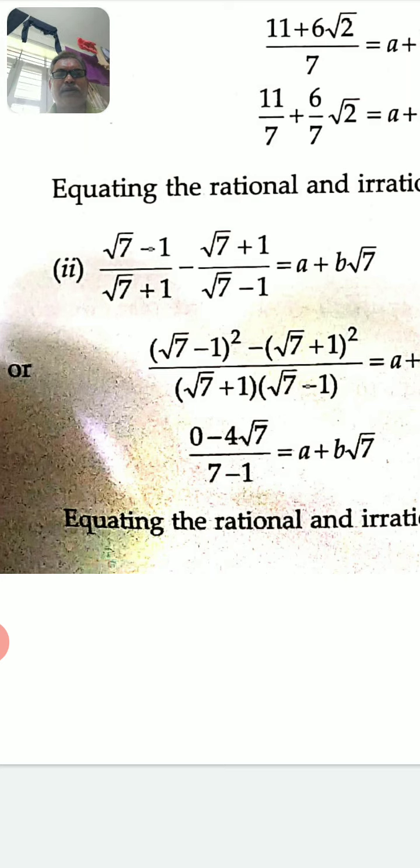because in the first term root 7 plus 1 gets cancelled, and (root 7 plus 1) whole square, because in the second term root 7 minus 1 gets cancelled. By simplifying, you will get 0 minus 4 root 7, and the denominator is 7 minus 1, which is equal to 6.